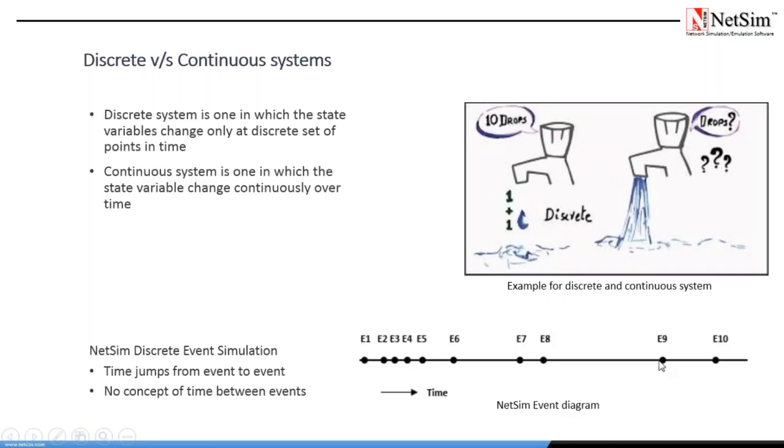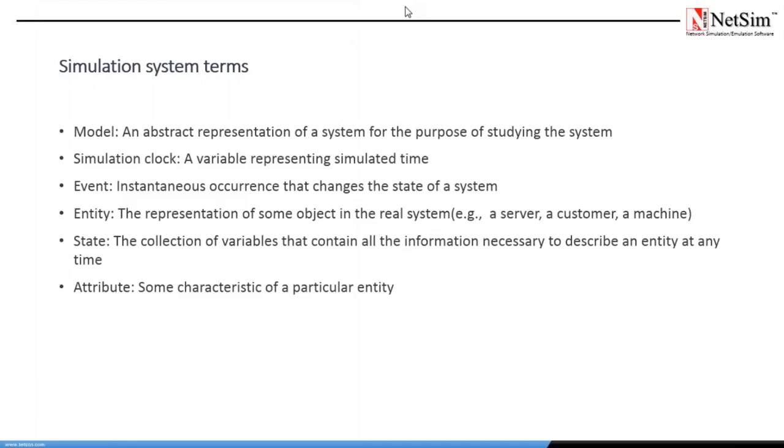Whatever is the time at E8, the next time would be E9, which is the next event. This is the essence of a discrete event simulator, which is what NetSim is, whereas a continuous time simulator would have time continuously increasing. In NetSim, time jumps based on the events.